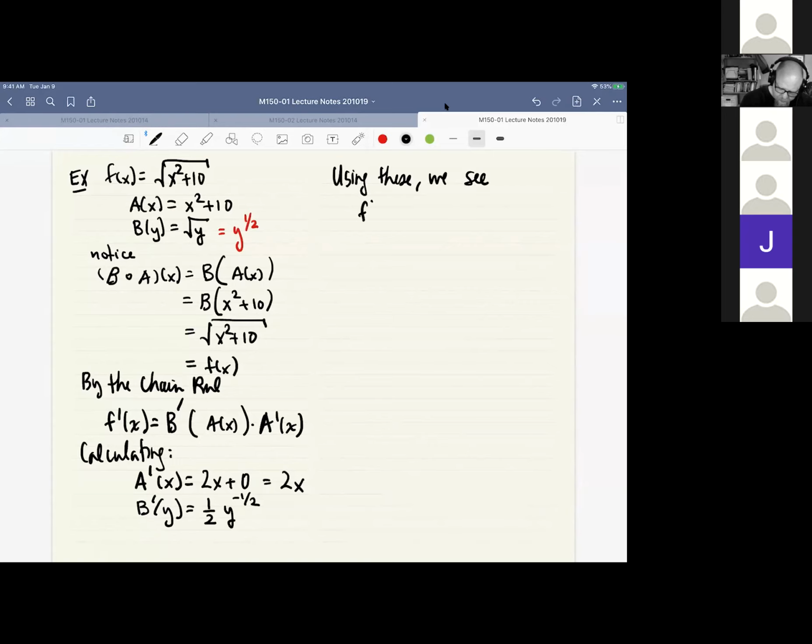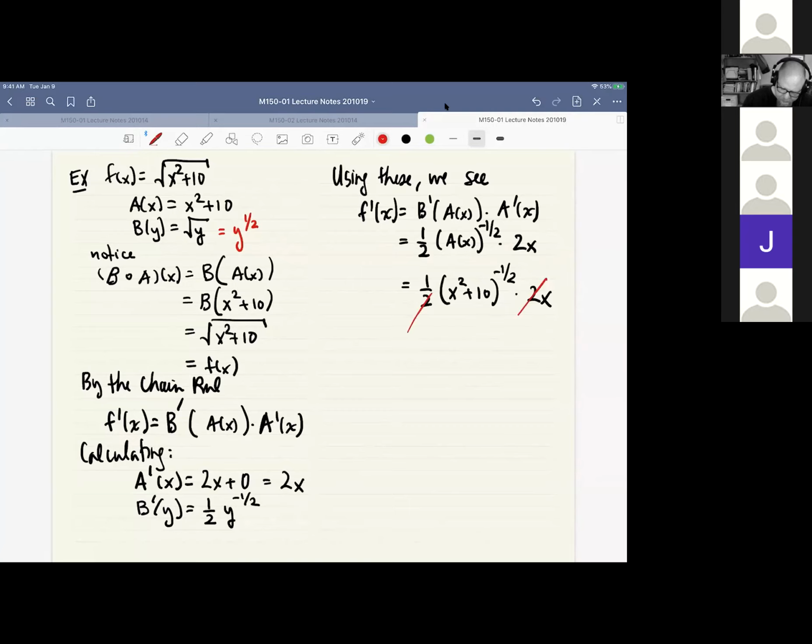We see the derivative of f, which we said is b prime of a of x times a prime of x. Now we'll start filling things in. So b prime is 1/2 of the input to the negative 1/2 power. And a prime of x is 2x. So I get 1/2 of x squared plus 10 to the negative 1/2 times 2x.